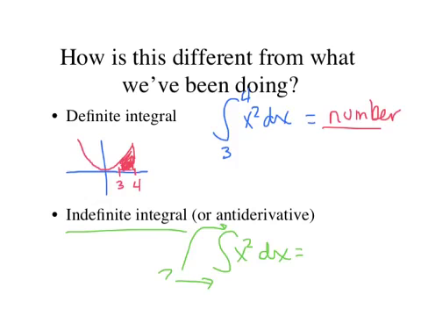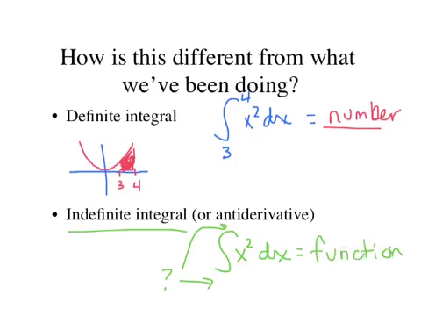The definite integral has limits of integration, and you're going to get a number for an answer. The indefinite integral, for starters, will not have any limits of integration, and you're not going to get a number for an answer. You're going to get a function for an answer.